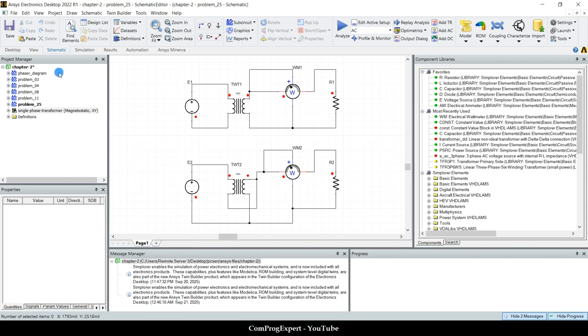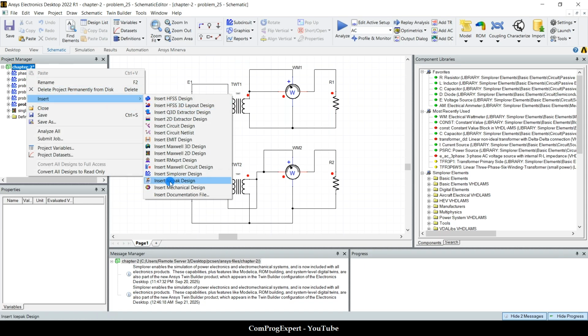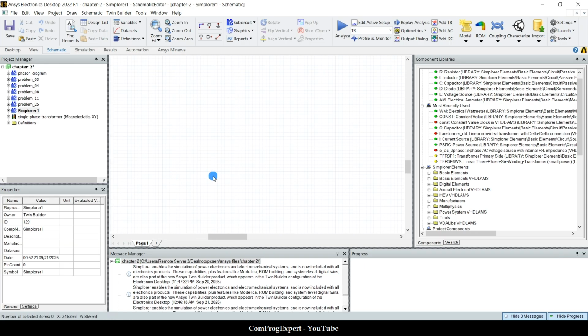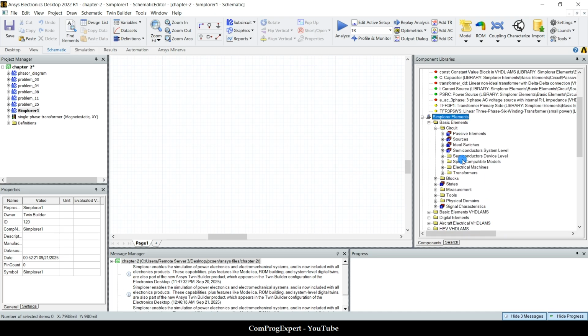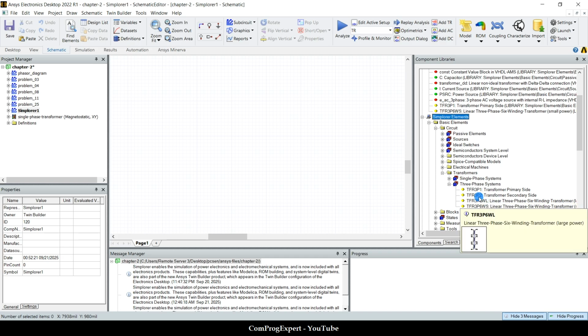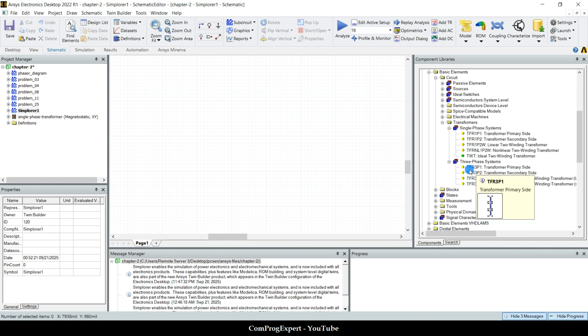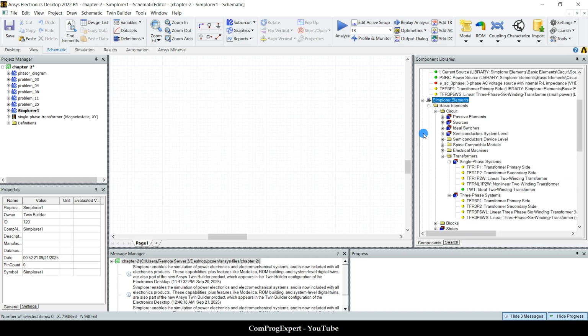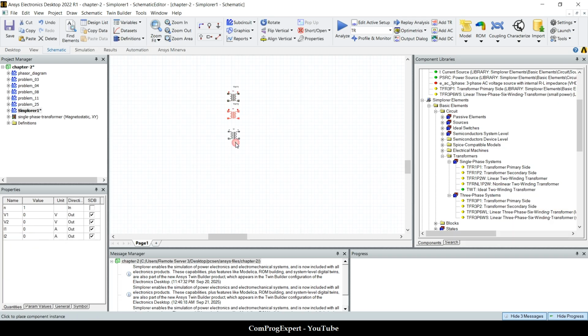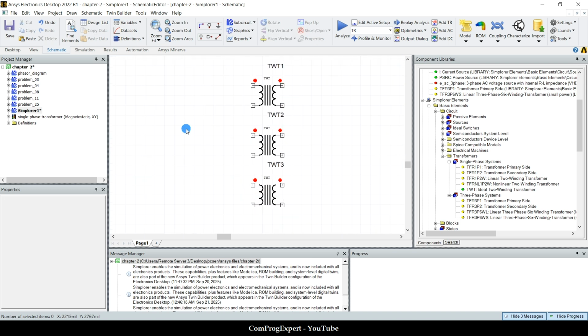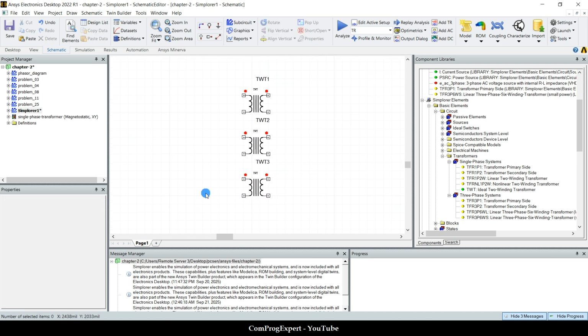So let's add a new Simplorer design. From here we can select a three-phase transformer, or we can construct a three-phase transformer using three single-phase transformers. So let's pick up three single-phase transformers like what we have in the reference.